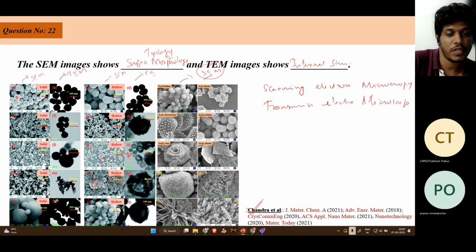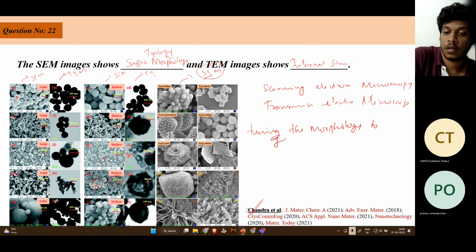So nowadays, in all the fields, people have been working on tuning the morphology to get various results.